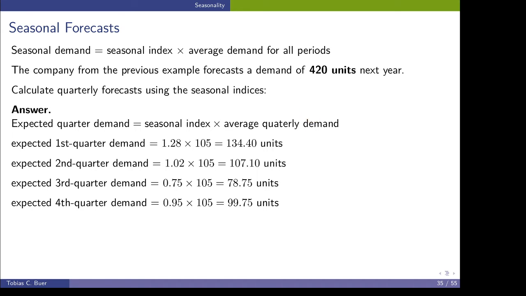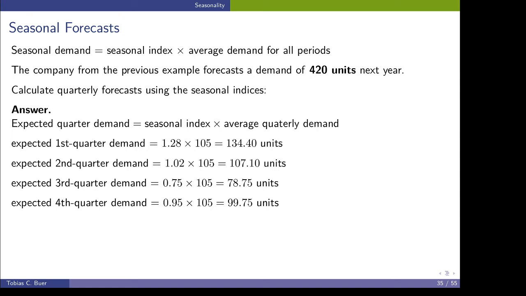The next advantage, and the even bigger advantage, is, as you know from the previous lecture, an aggregated forecast is typically more precise than a disaggregated forecast. Typically it is easier for us to make a good forecast for the whole year, and this will be more precise than creating 4 individual forecasts for each quarter of the next year.